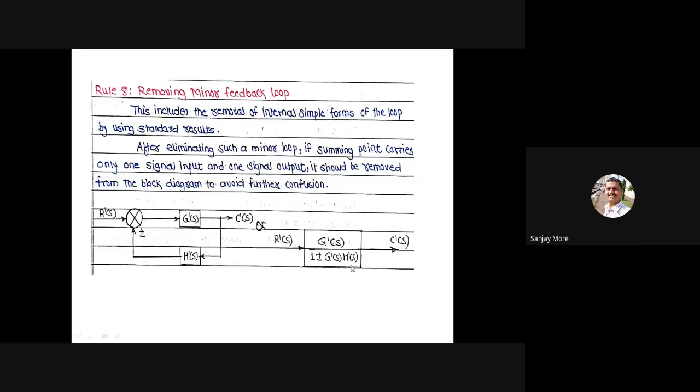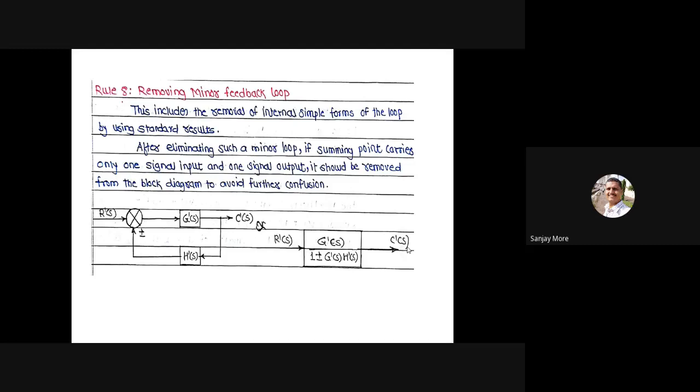See the final block diagram. R of S, so G of S divided by 1 plus minus G of S into H of S here, and then C of S is the output. Okay, so this includes the removal of internal simple forms of the loop by using the standard result.